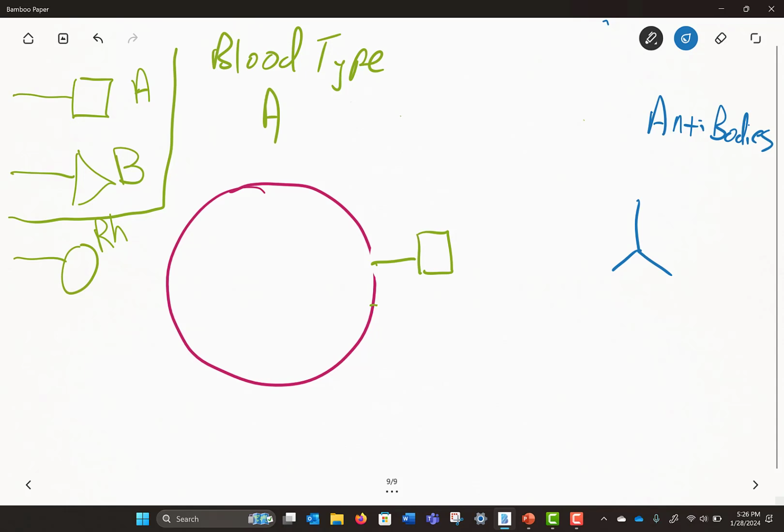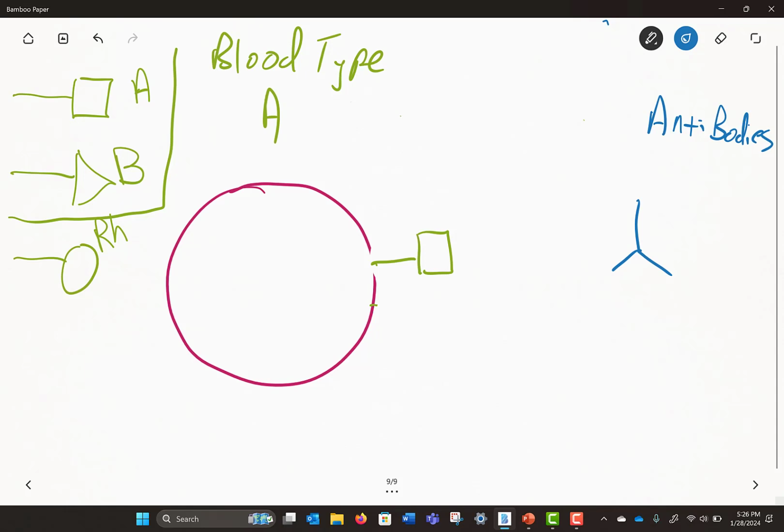But the shapes are always going to be shapes that should not be in our body. That's how they work. They look for things that should not be in our body. They do not look for things that should be in our body. So, there should never be antigen B in our body.